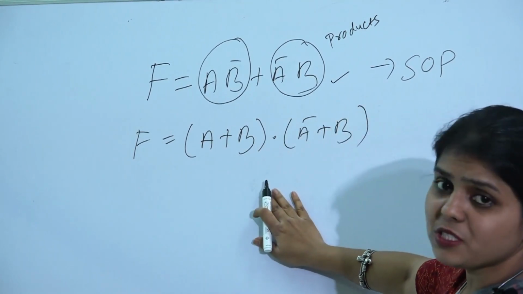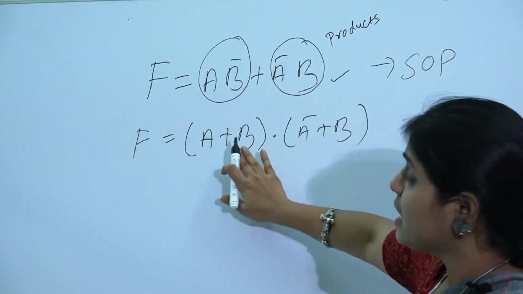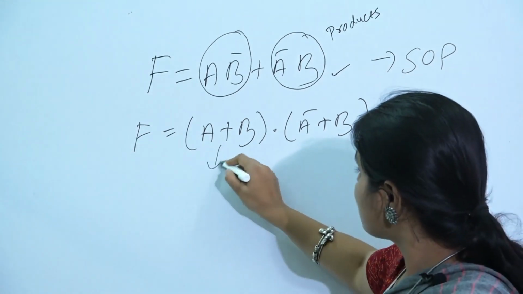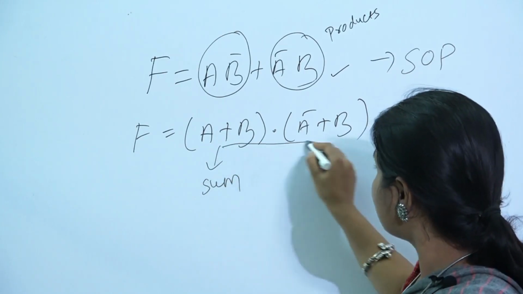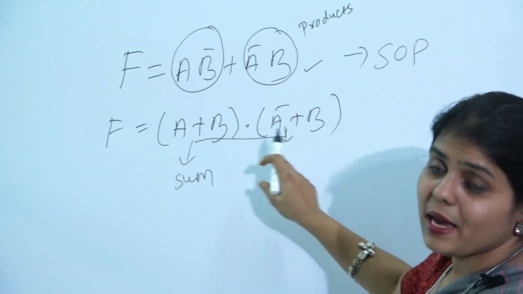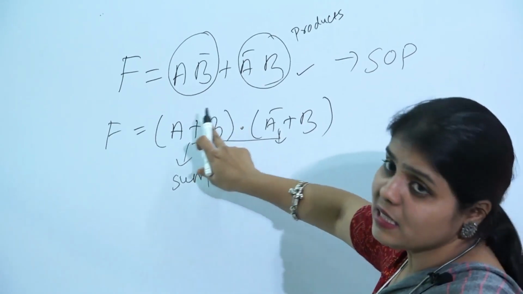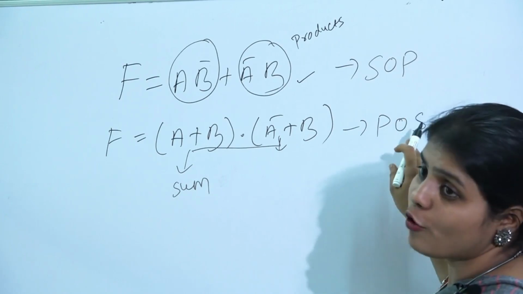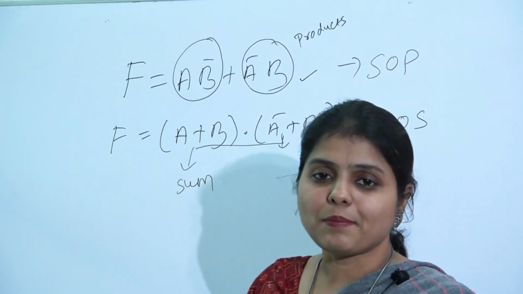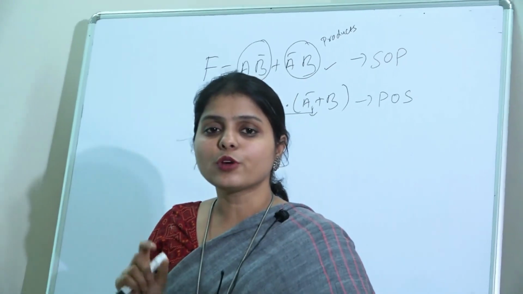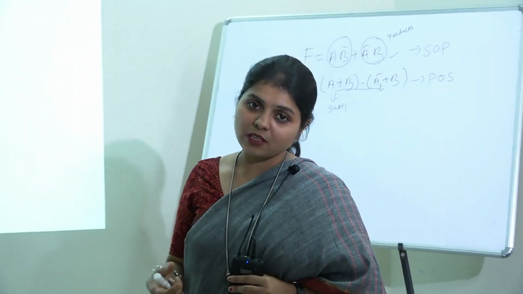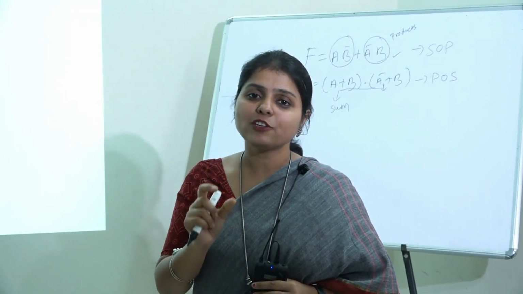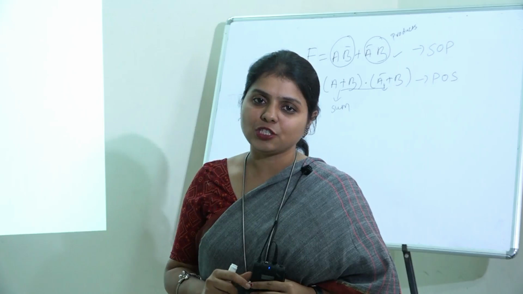And when you look into this other Boolean function, (a plus b) into (a bar plus b), this is one sum term and this is another sum term. So I am taking the product of these two sum terms. This type of representation is called product of sums. Okay. Not just the terminology, we are going to look into various aspects and representations of POS form and SOP form, which play a major role in designing digital logic circuits.